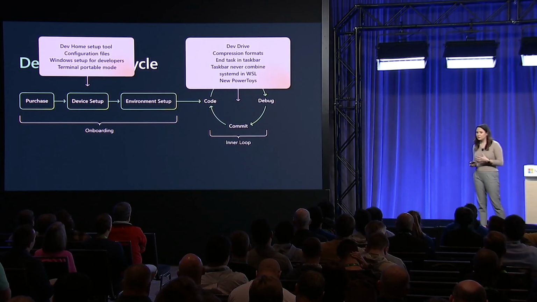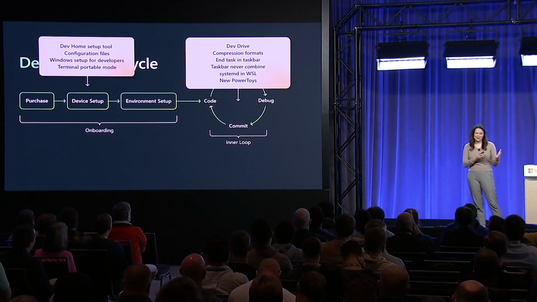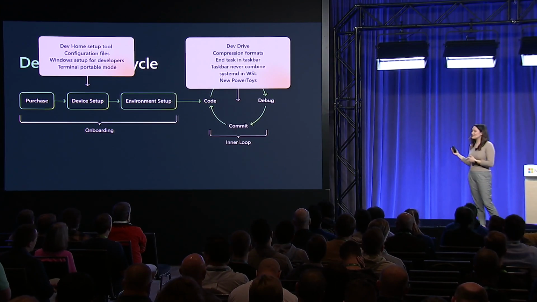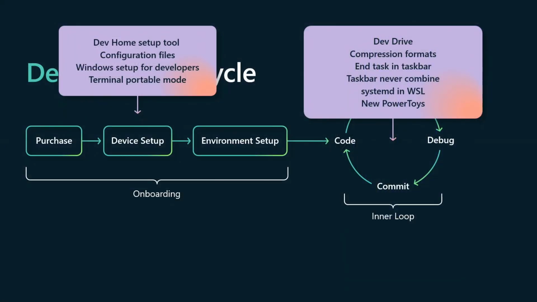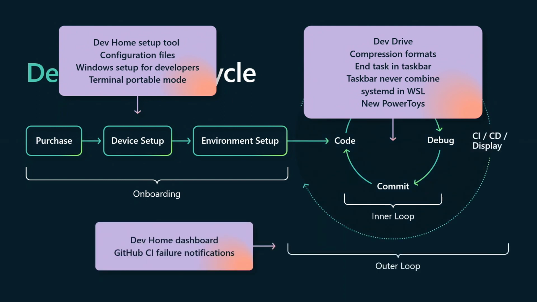Your inner loop is going to be more delightful and performant, and you'll experience performance boosts from dev drives, those compression format additions, those taskbar improvements, as well as new WSL and PowerToys features. And your outer loop is going to be more efficient with the DevHome Dashboard and GitHub notifications, helping to keep you informed and stay on top of your workflow.